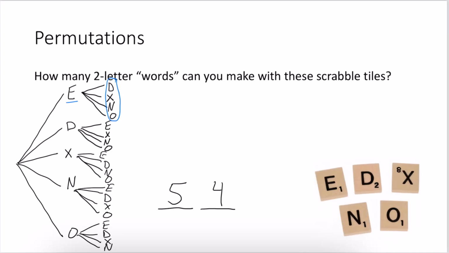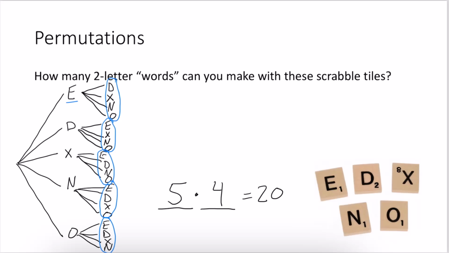So notice that the number of options branching off of each of these is 4, even though the actual letter options vary depending on which one you chose first. The number is consistently 4. And so we have 4 options for our second choice. And so we would multiply these together to find the number of total 2-letter words that we could make with these Scrabble tiles, and we could find that there's 20 of these 2-letter words.